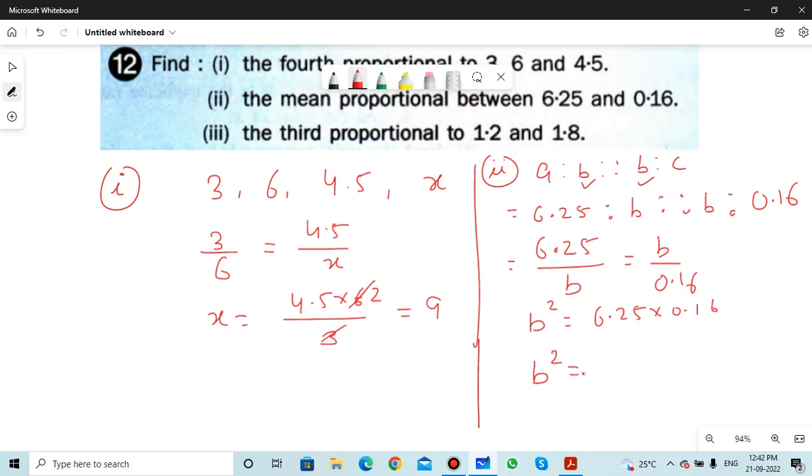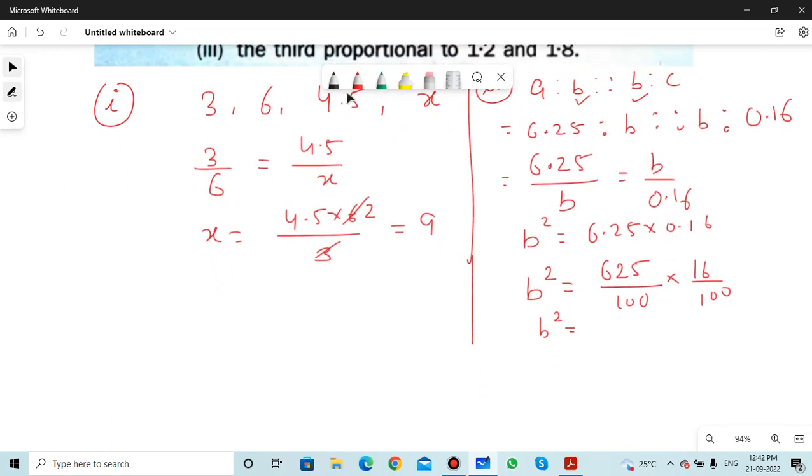B square is equal to 6.25, which can be written as 625 upon 100, into 16 upon 100 here. So B square will be written as 25 square upon 10 square, into 4 square by 10 square.